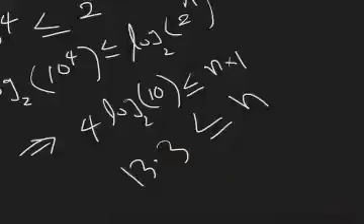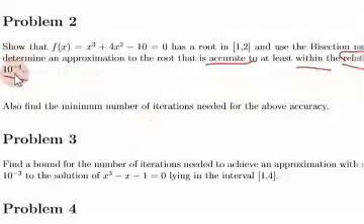You need to consider 14 iterations to get 10 to the minus 4 accuracy.